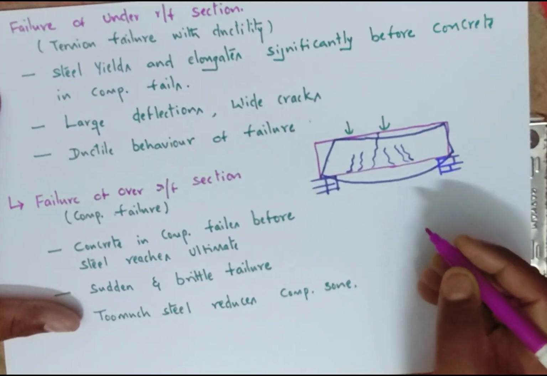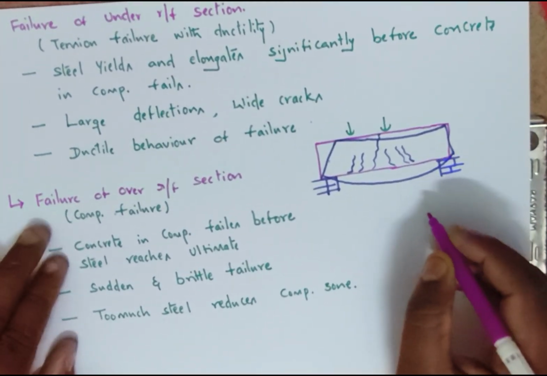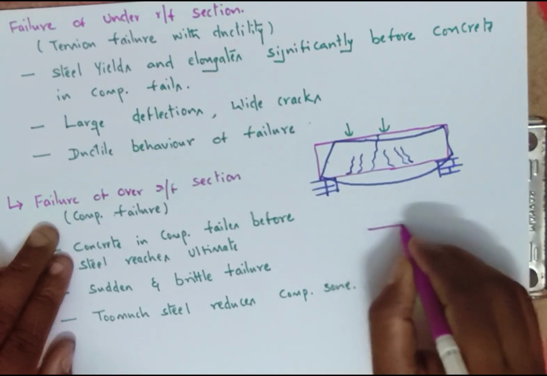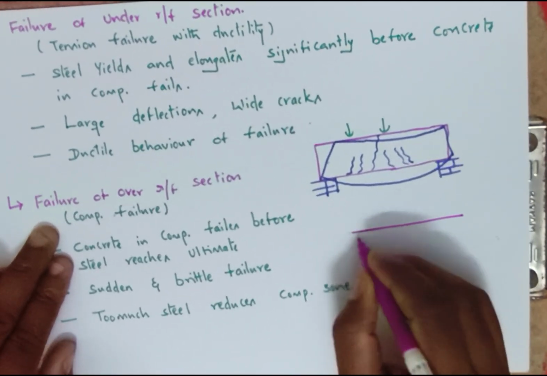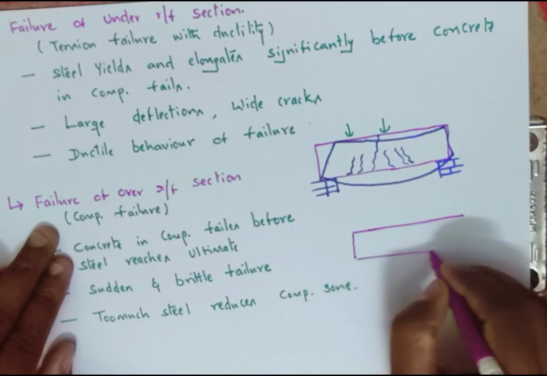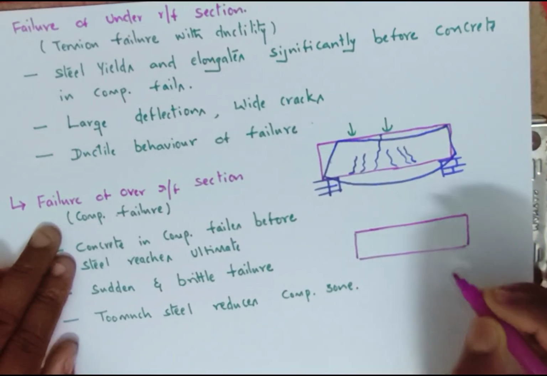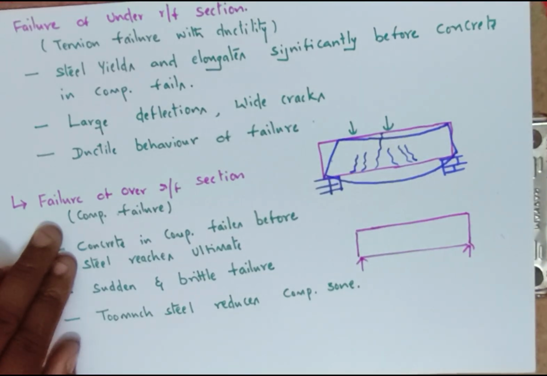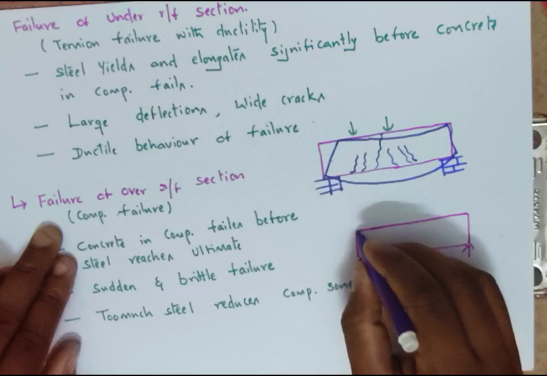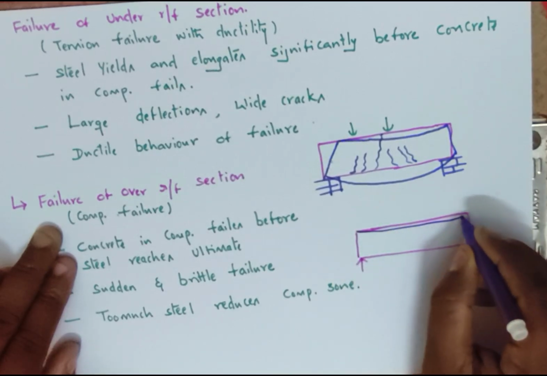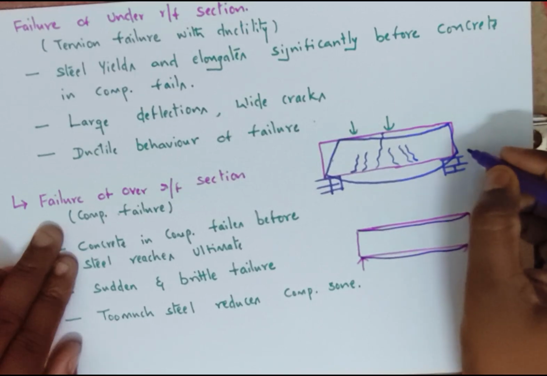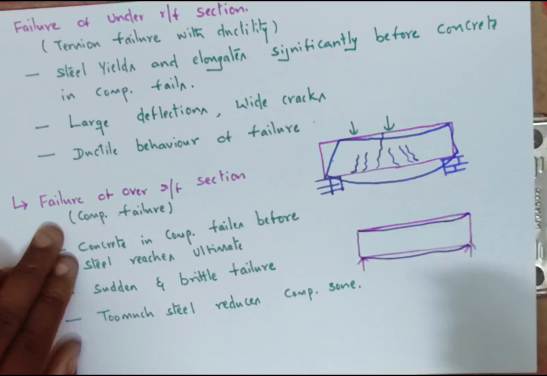But coming to the third type of failure, failure of an over reinforced section. In this type of failure, the section does not show large deflections, as we observed in the earlier case.